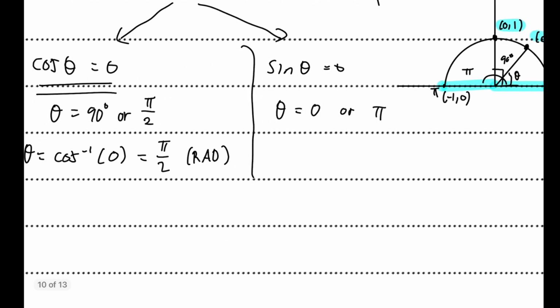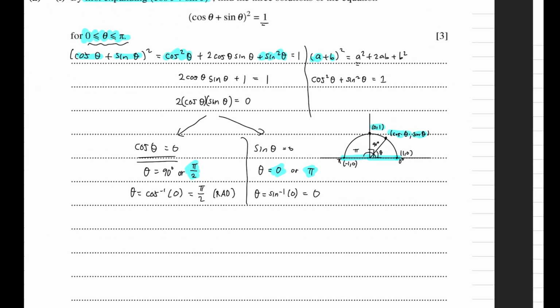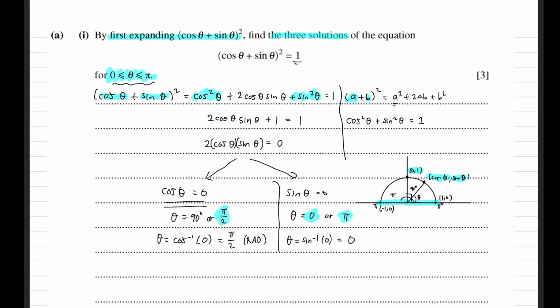Or if you use a calculator, you can use the sine inverse, but you only get one value, which is 0. To get the second value, which is pi, you have to draw the unit circle. So we have three answers: pi over 2, 0 or pi. And these are the three solutions of the equation, either 0, pi or pi over 2.